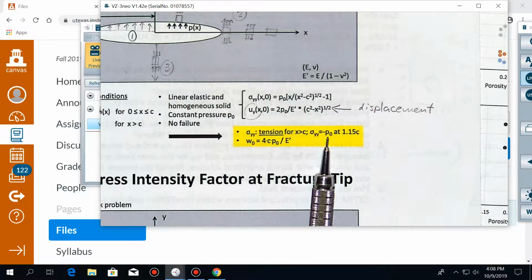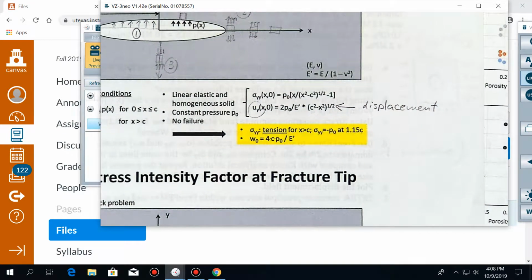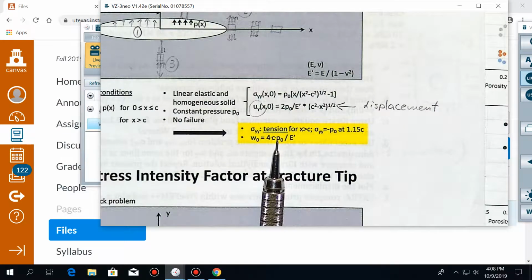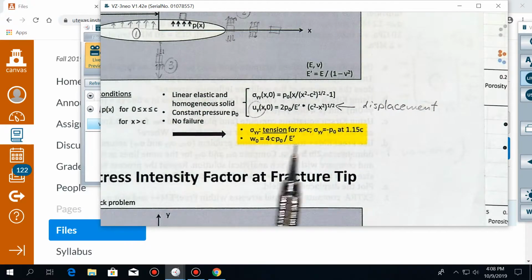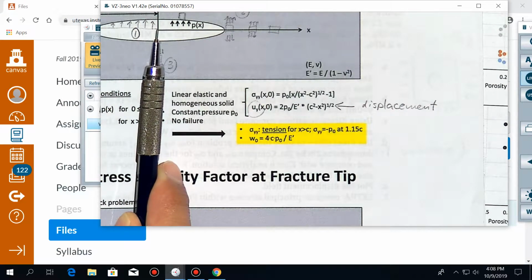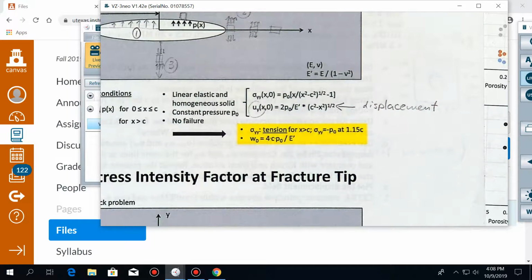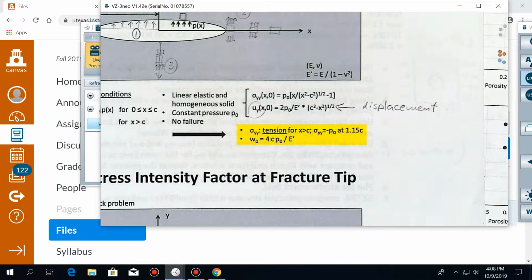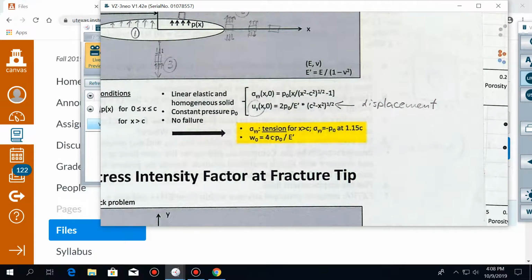This one tells you just at one point what is sigma yy. But with this entire thing, you get it as a function of distance. They have the same equation, right? It's just a solution for a particular point for this one. And for example, this is the width. This is the solution for displacement at the center of the fracture. Then you cut it in half. Okay, same thing. These ones are just for particular points, and you want the full distance. Correct.